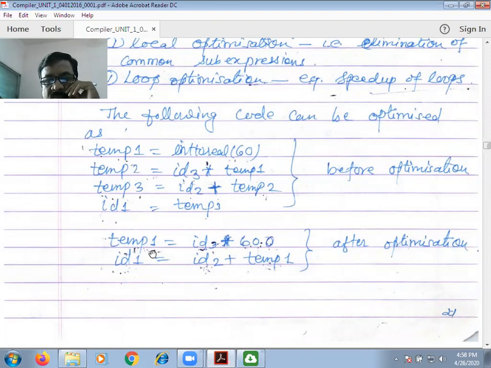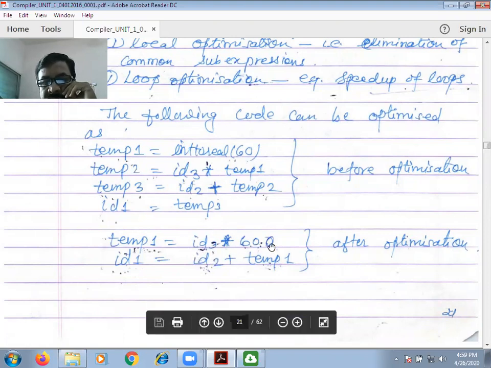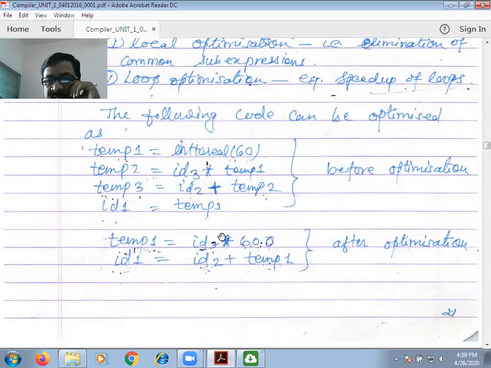So temp1 will directly multiply identifier 3 with 60.0. We can consider 60 as a real by putting the decimal point as 60.0.